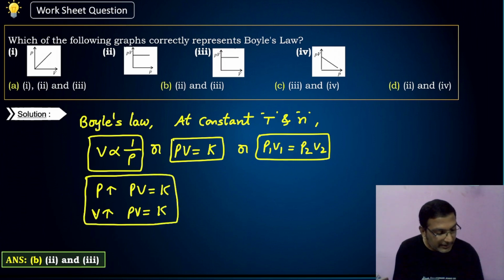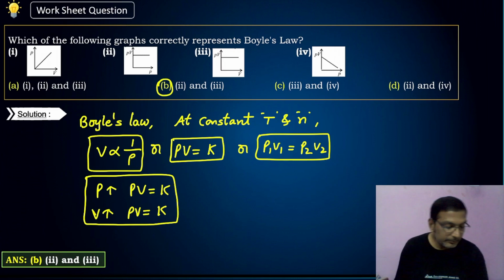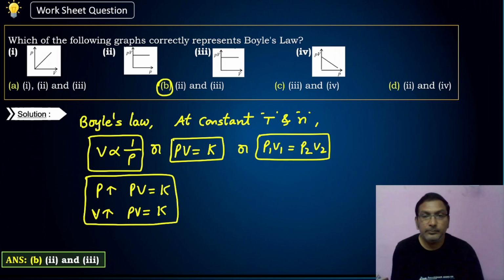This is observed in case of graphs 2 and 3. Therefore option B. If pressure increases, volume decreases accordingly, therefore P into V remains constant. If volume increases, pressure decreases accordingly, PV remains constant. Very, very important.